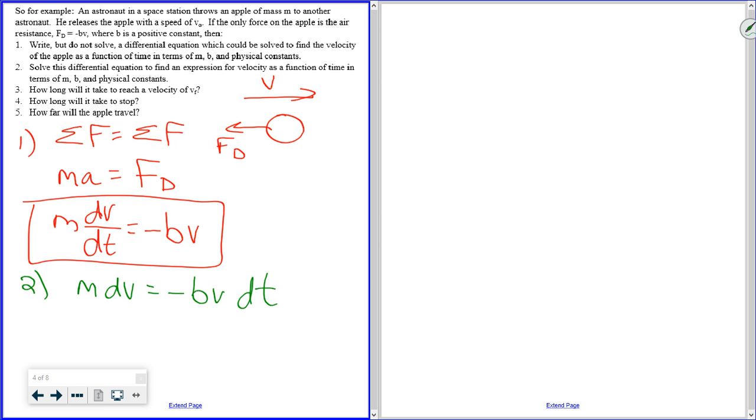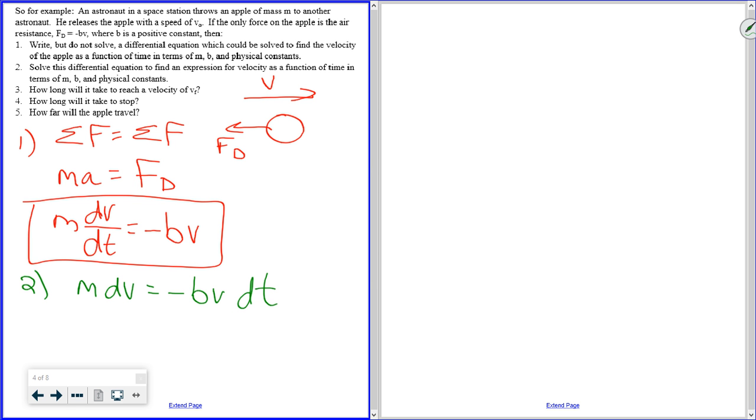Now, my strong recommendation is move all of the constants to the dt side, and anything else goes on the dv side. Cool? I'll say that again. Move anything that is a constant, as best as you can. It won't always be 100% possible.